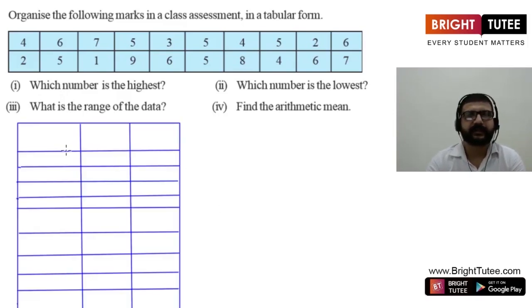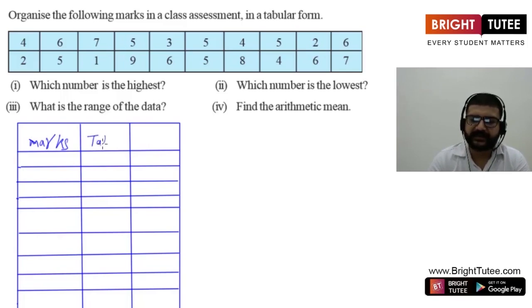Now in this table, in the first column we will write marks. In the second column we will mark tally, and in the third column we will write the frequency of every mark.